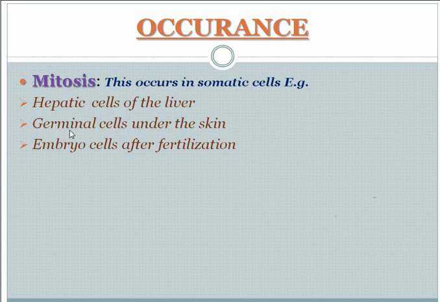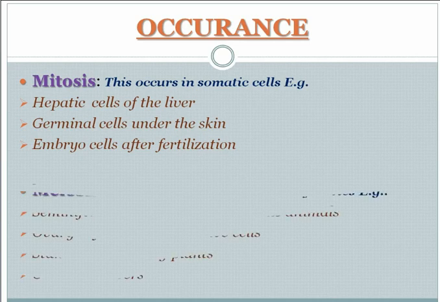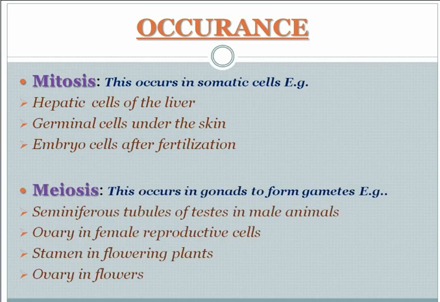That's the germinal layer of the skin, where mitosis occurs to produce more cells that can replace the damaged cells. So germinal cells, we have embryo cells. After fertilization there is cleavage, and after cleavage has occurred, cells begin to undergo what we call mitosis.